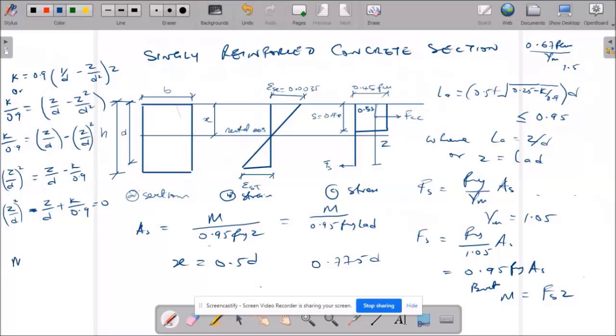We have M is equal to 0.9 FCU B bracket D minus Z. Substituting that for Z, we'll have our M, which will be M subscript U, the ultimate moment, equal to 0.9 FCU B, we have our D minus our Z, which is 0.775D.